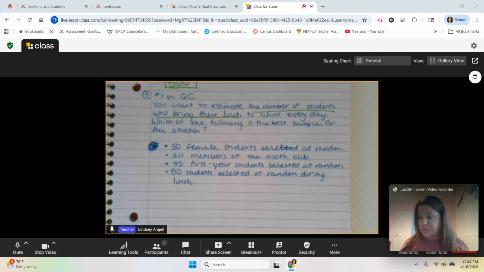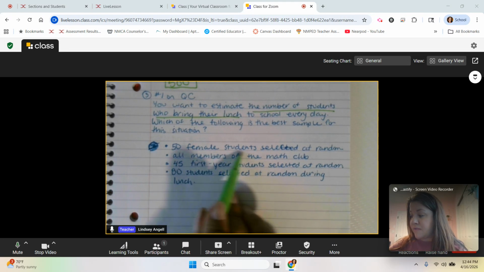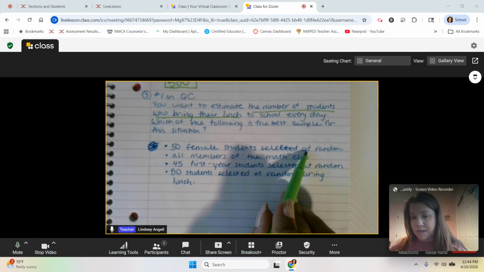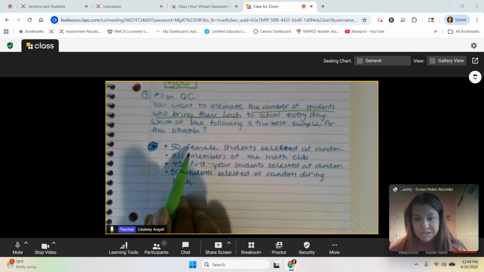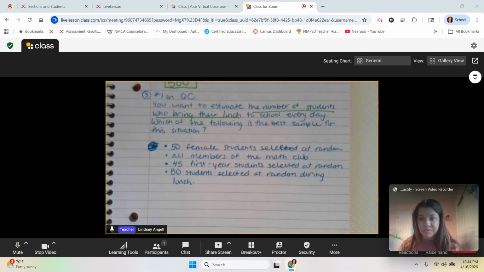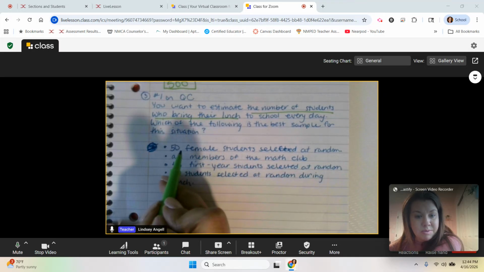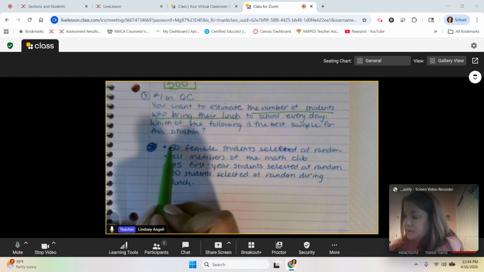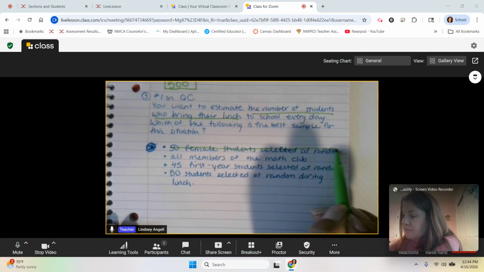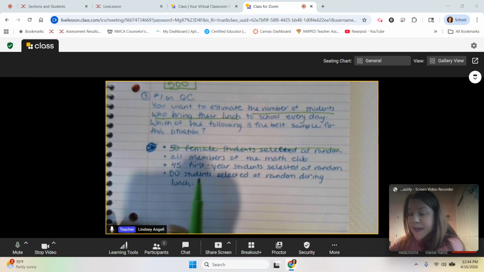If we go for specific groups, like this first one, 50 female students selected at random, well, that only covers females. That leaves all of the males out of the situation. That doesn't make sense, right? This would be biased because it's only females. All members of the math club.